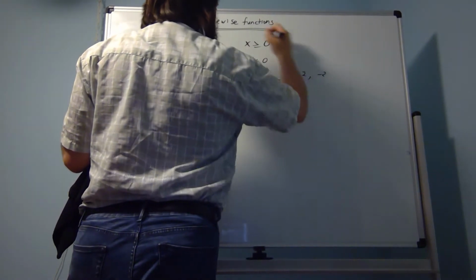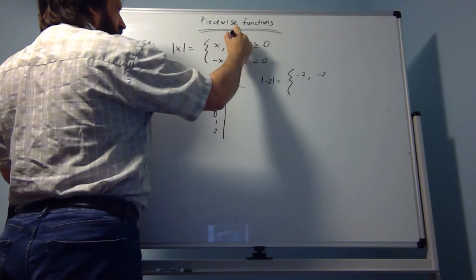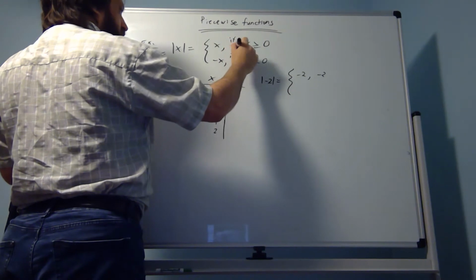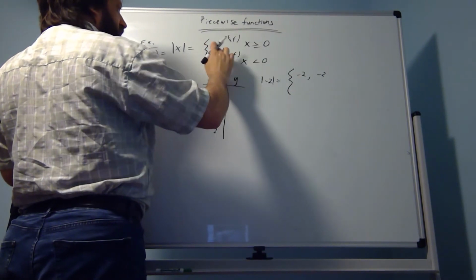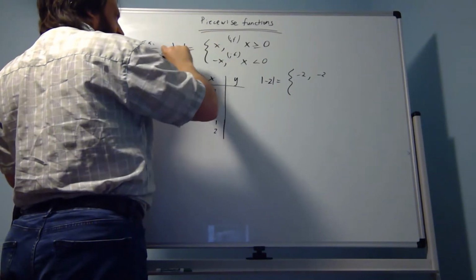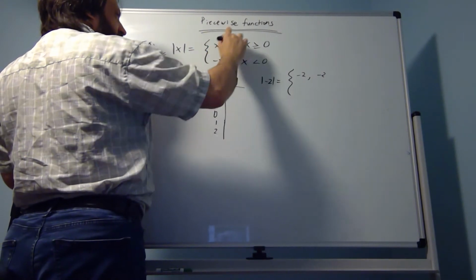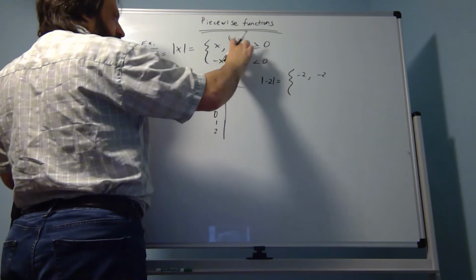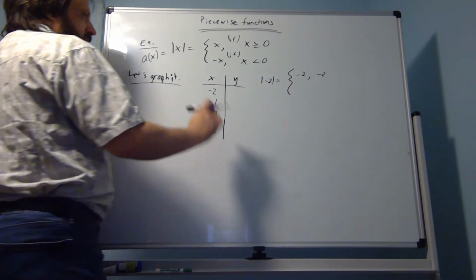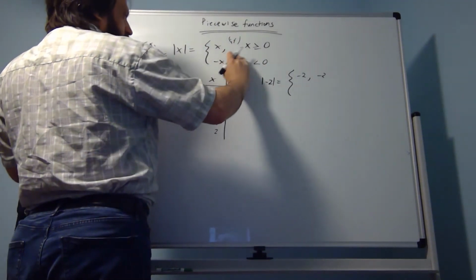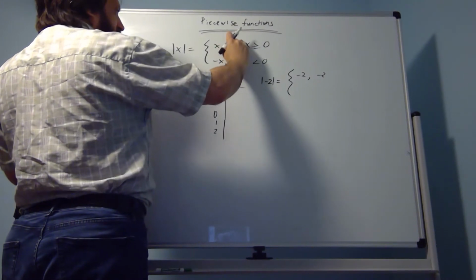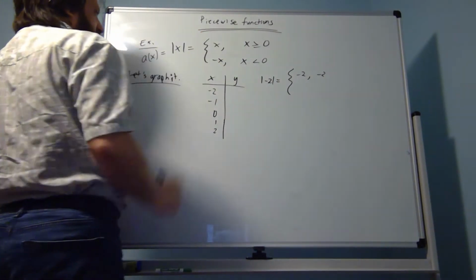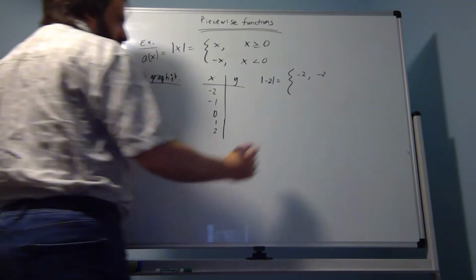They don't write the word if here, but it's understood that if you see, in the definition of a function, these braces and then two different cases, you do this if x is bigger than or equal to 0.